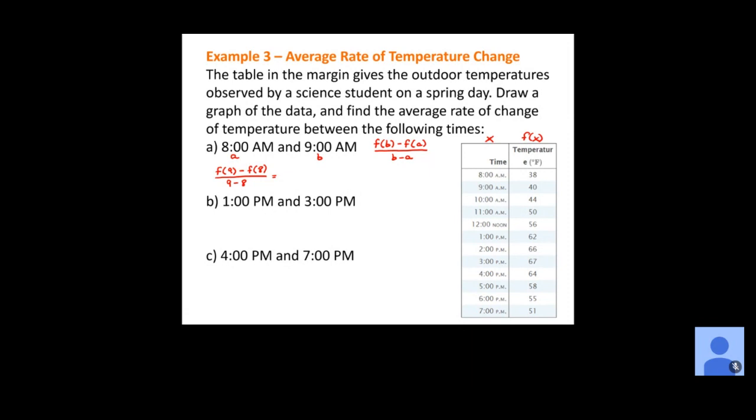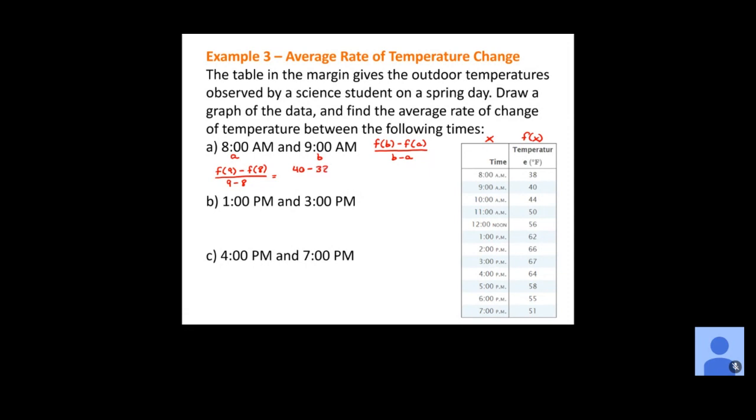Now this time, instead of having to actually substitute into a function to get the f of 9 and f of 8, we can just look at the table to find those values. So what is f of 9 going to be this time? That's the 40, right? So we have 40 minus, and then what is f of 8? That's the 38.